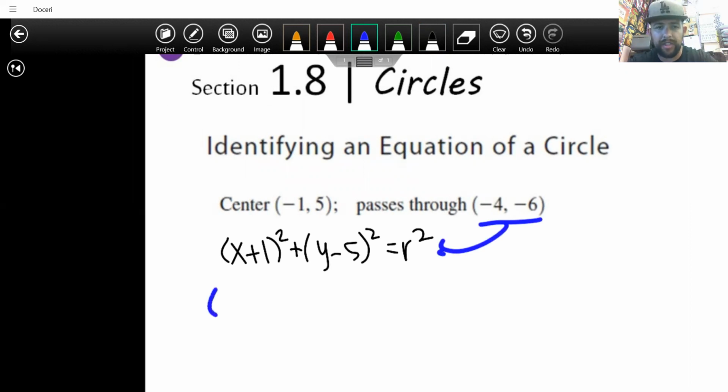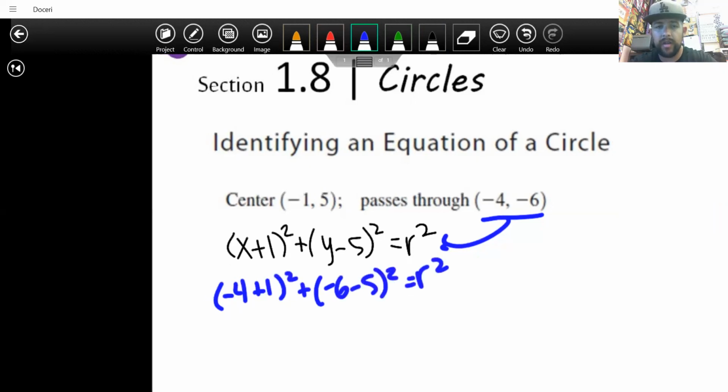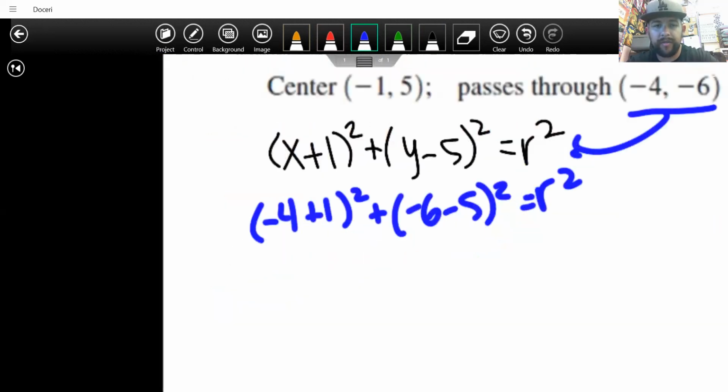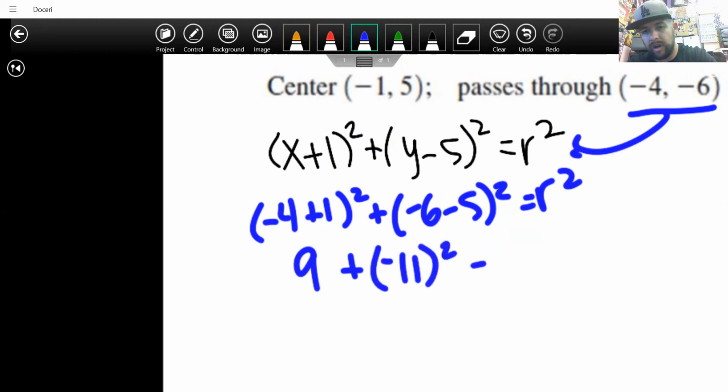This will give me the equation -4 plus 1 squared plus y, which is -6 minus 5 squared, is equal to r squared. So we're going to simplify this out. We're going to get -3 squared is 9, plus -6 minus 5, that's keep, change, flip, is going to give me -11 squared, is equal to r squared.